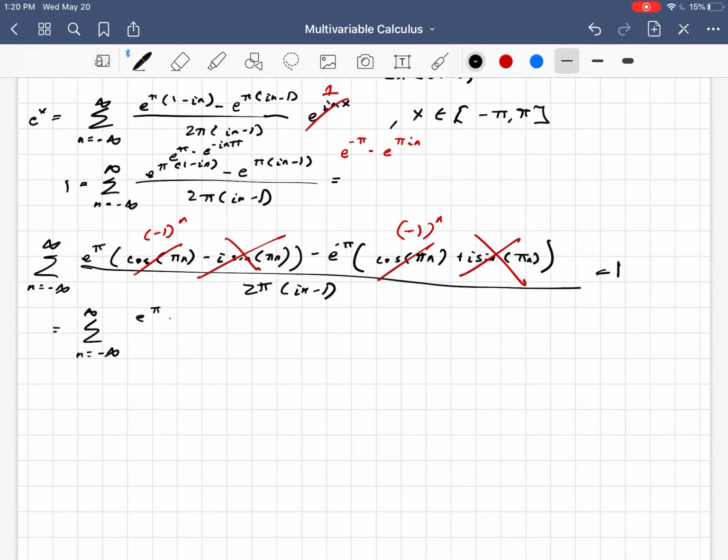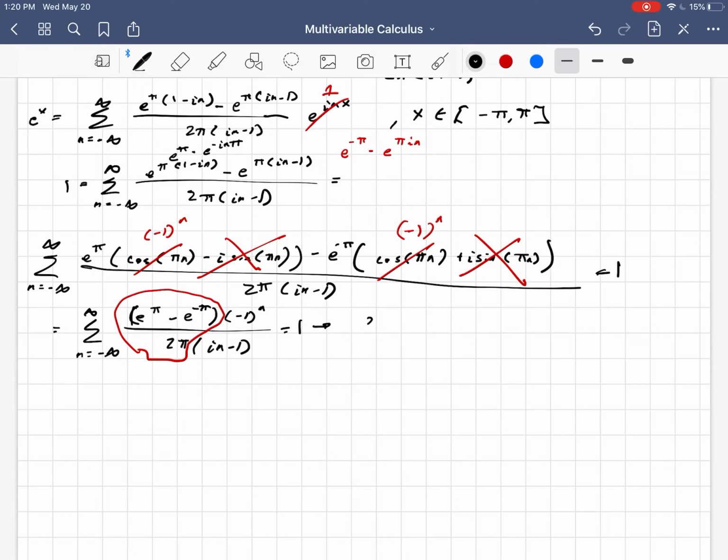of e to the pi minus e to the minus pi, times negative 1 to the n over 2 pi times in minus 1 is equal to 1. And now I can take this part here, which is a constant, and bring it out front of the summation, and then divide by it or multiply by the reciprocal.